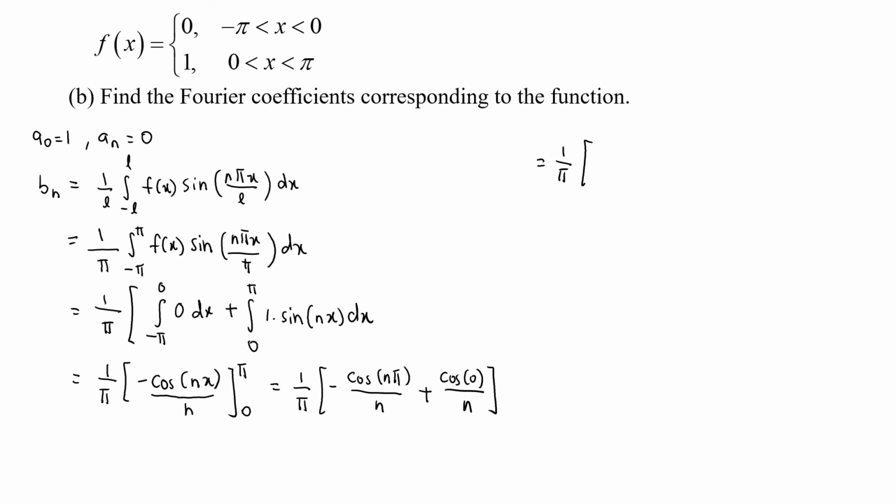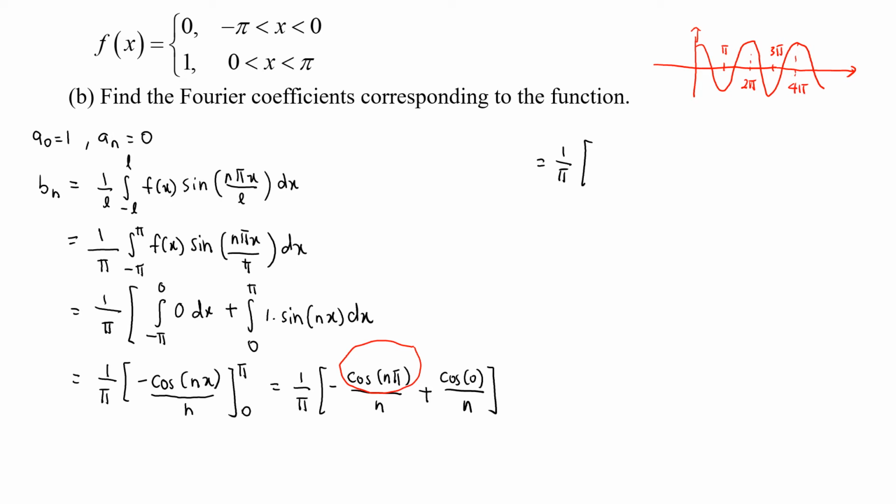Okay, this is the most important part, cos(n pi). We know the graph of cos is something like this, where this will be pi and this is 2 pi, 3 pi, this one is 4 pi, and so on.